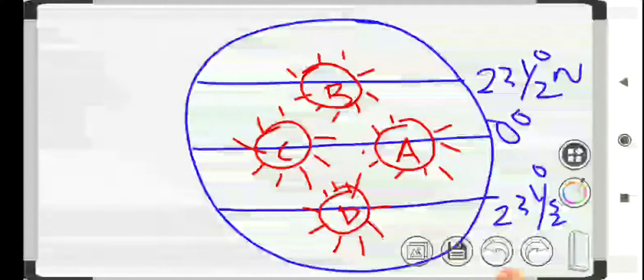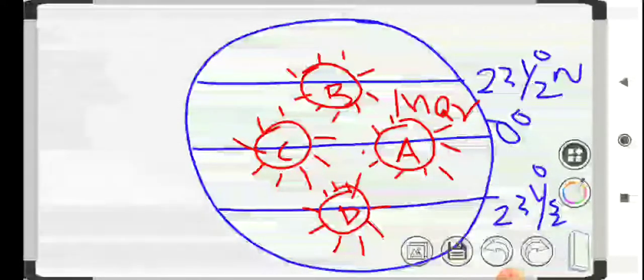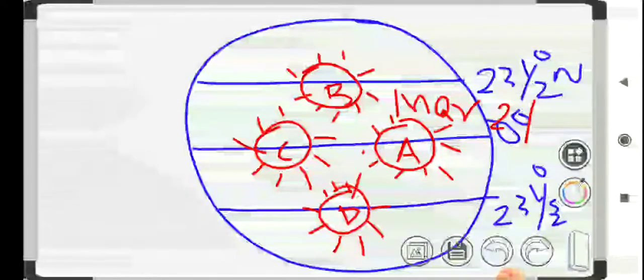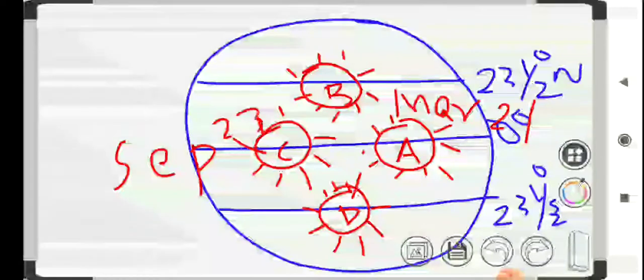The sun is vertically above the equator on 2 days in the year, that is A and C. A is March 21 and C is September 23.